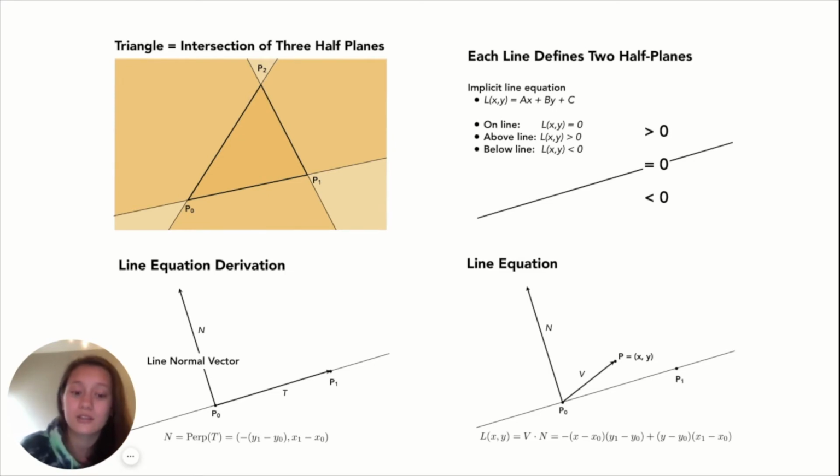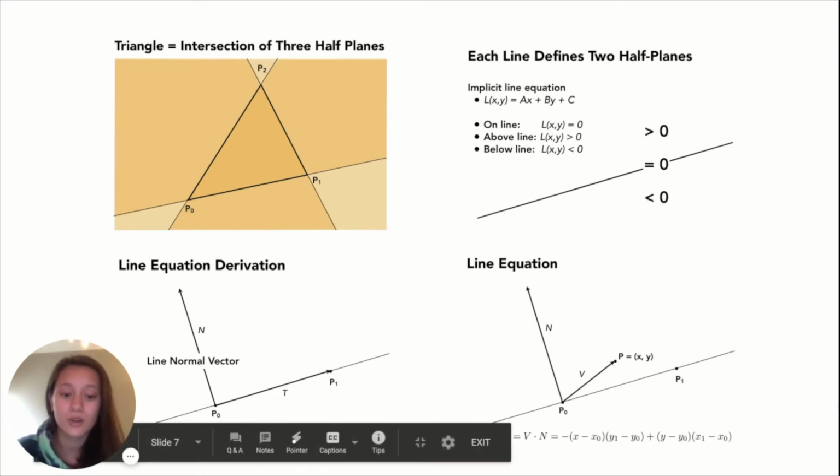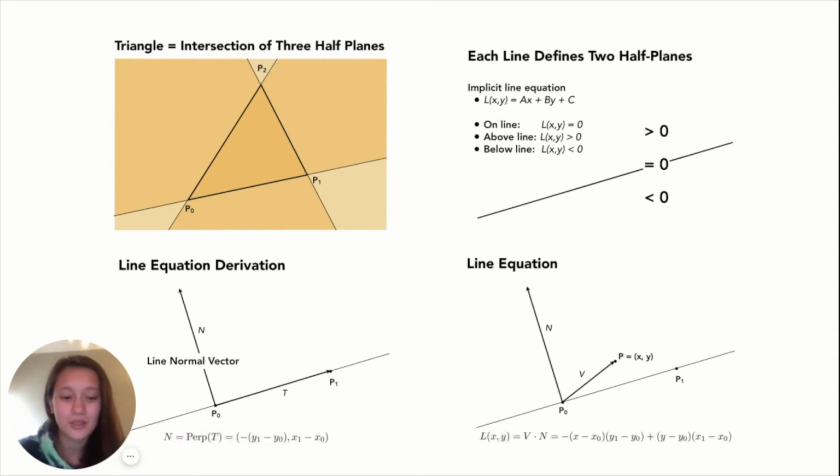We perform this line equation test, down here on the bottom right. Essentially we just compute this formula, and then based on the sign of your answer: if the value that you get is greater than 0, then it's above the line, and if it's smaller than 0, then it's below the line.